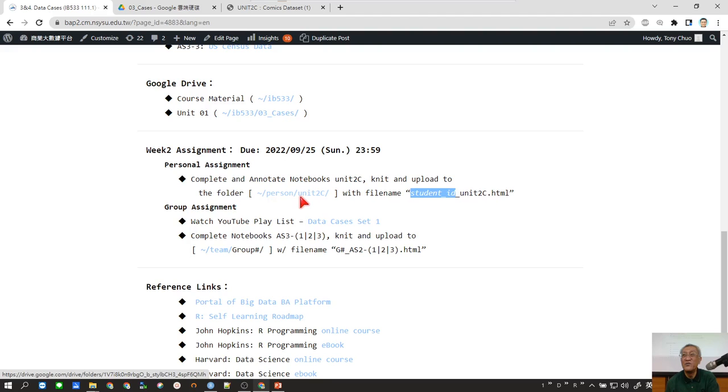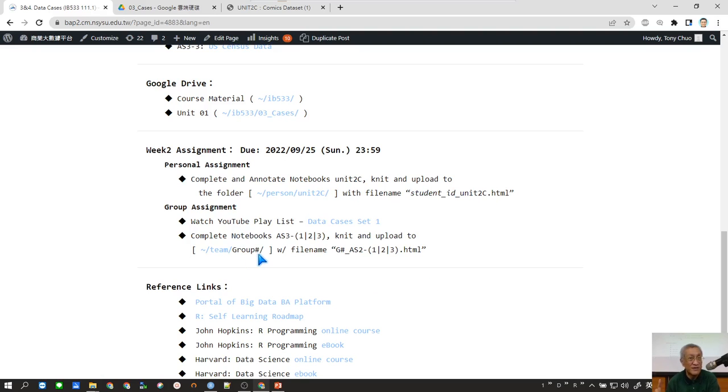I just want you guys to walk through, just take another look at this notebook, knit it into HTML and use it as your notebook. Just try to write some notes in the notebook and then submit your notebook, okay? This is your personal assignment.